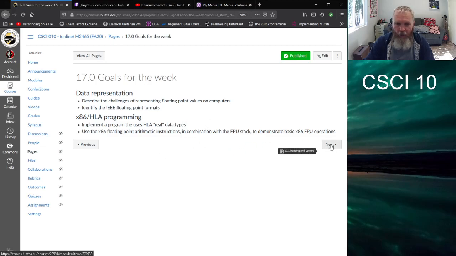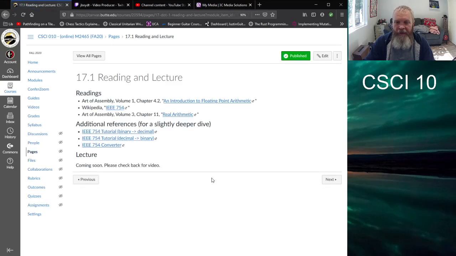And so that's the goals of the week. How does floating point work in binary, and then how does it work in x86 arithmetic? And what you should come away with is an understanding that floating point values can very easily lose information, become not precise, just by the way they're stored in binary.